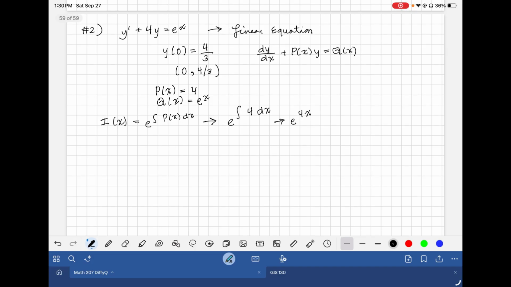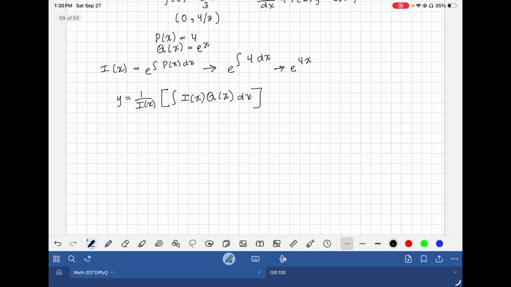All right, so now that we have that, we can write that using the formula here of y equals 1 over I of x multiplied by the integral of the integrating factor, q of x dx.